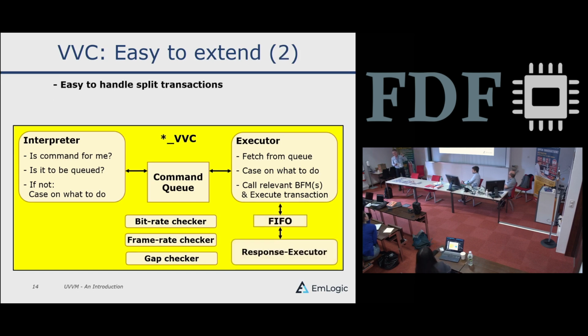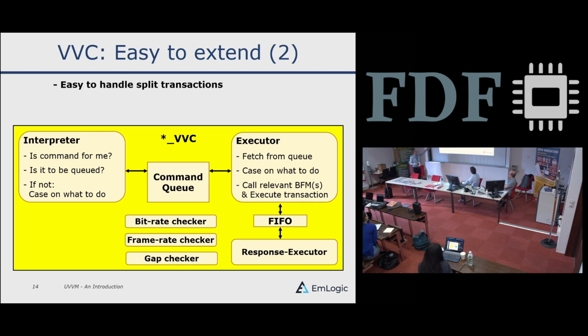And I think the most important thing of all is the way it allows you to handle split transactions, because split transactions are a problem in most test benches. Basically, on Avalon, for instance, you do a read request first, and then you could do multiple read requests before you get the first response back, and then you do a read response. That's a split transaction.